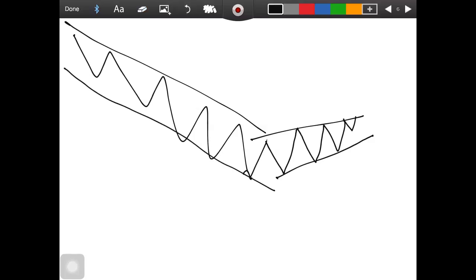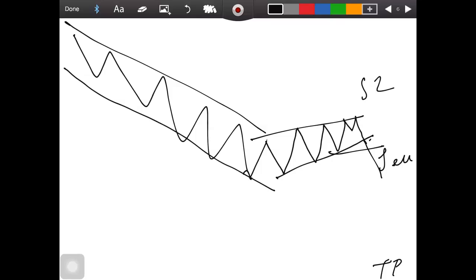Okay, and once you have a correction, then you should be having a mindset that there's going to be a high probability of continuation. And so once this breaks the trend line and breaks any of the previous supports, for example this one, we can say, okay, sell, stop loss above there, take profit down there.